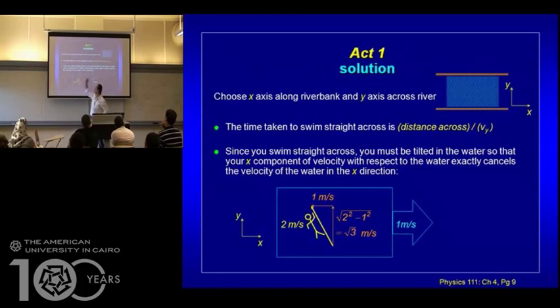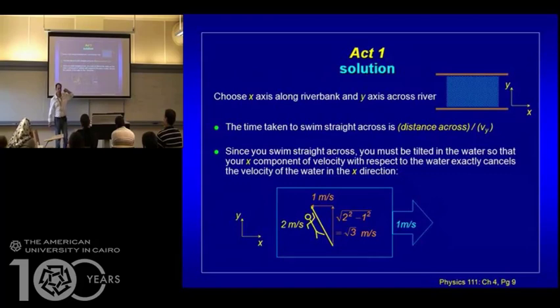This is the 1 meter per second. And I know that this component of my velocity has to be 1 meter per second in order to cancel out the effect of the water flow. Sorry, this is the water speed, not the wind speed.